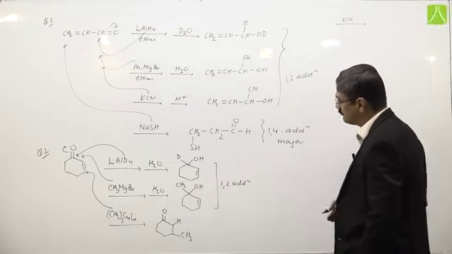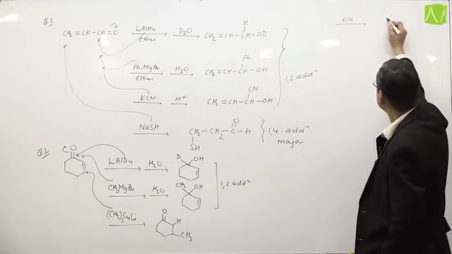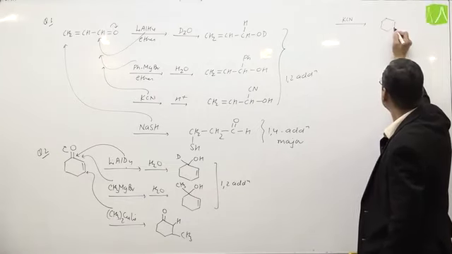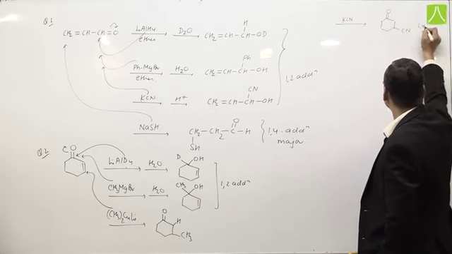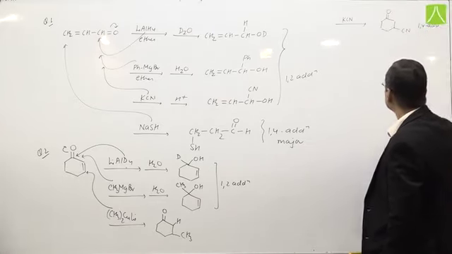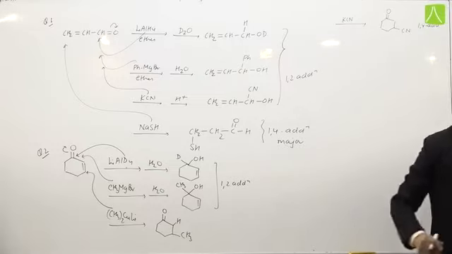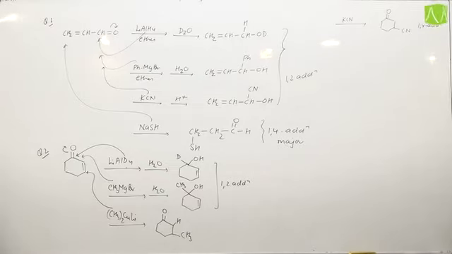So it is again give 1,4 addition. So this is the difference. So in general, aldehydes prefer 1,2 addition, ketones prefer 1,4 addition, but it also depends upon the nucleophiles also.